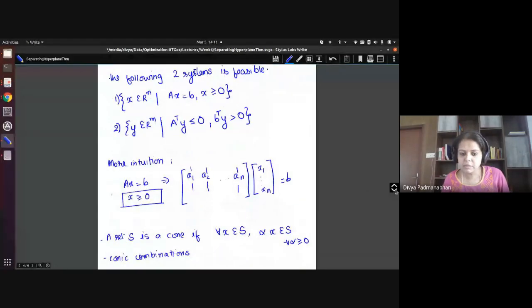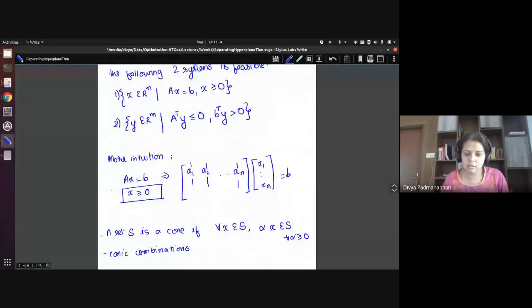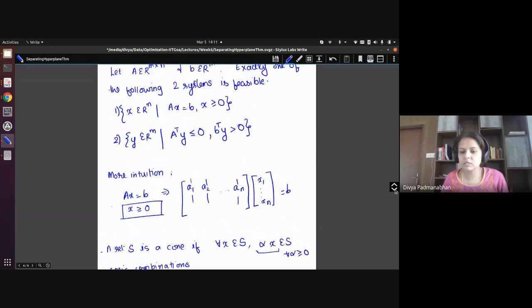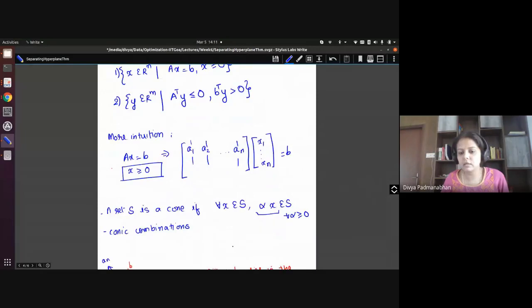A set S is called a cone if for any vector you take, scaling it by a non-negative number gives a new vector that also belongs to S. In a simple example, suppose there's just a single vector x.